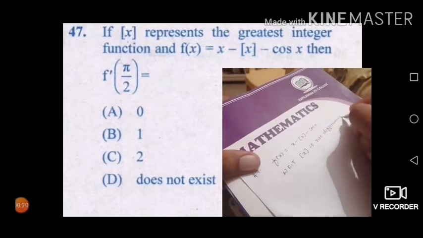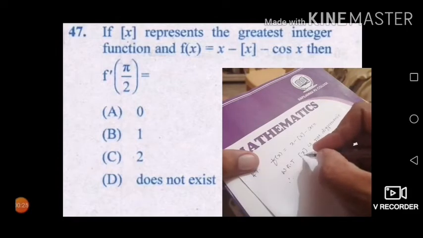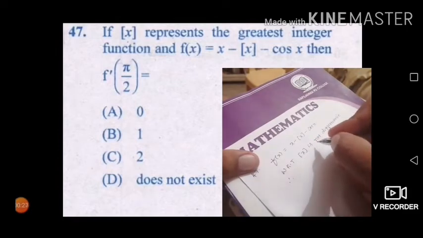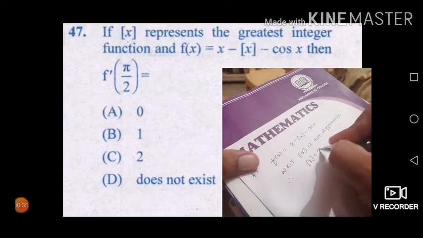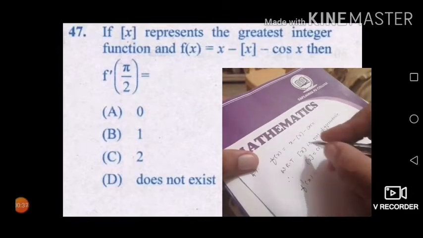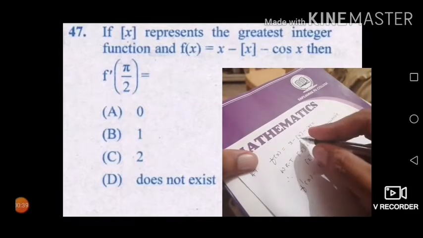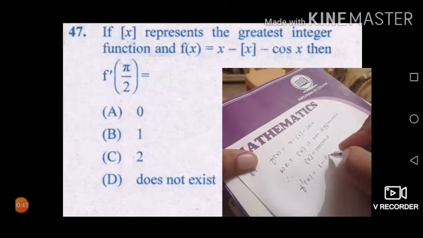So therefore we are going to consider the greatest integer function x as a constant here. Now differentiate. f dash of x is equal to 1, since the differentiation of x is 1 and the differentiation of a constant is 0. Cos x differentiation is minus sin x, so minus into minus gives plus sin x.